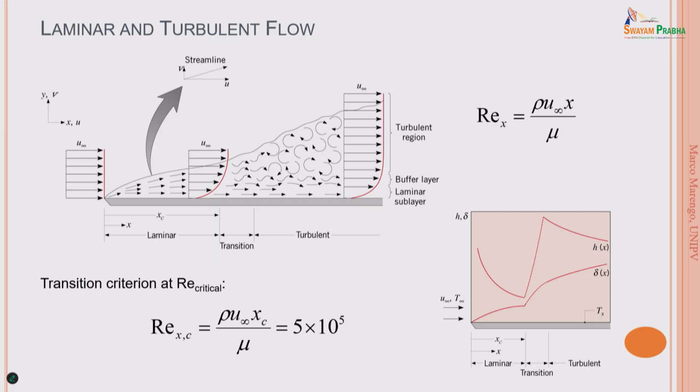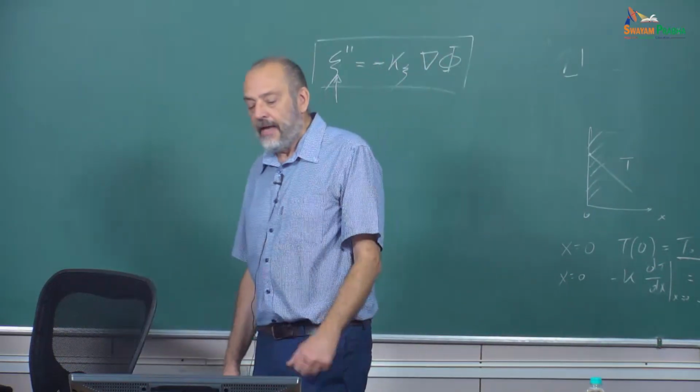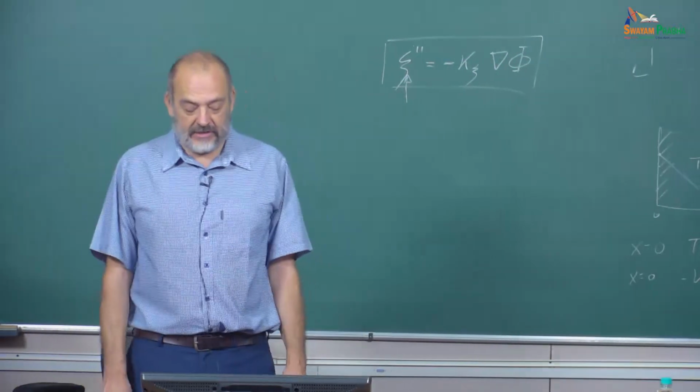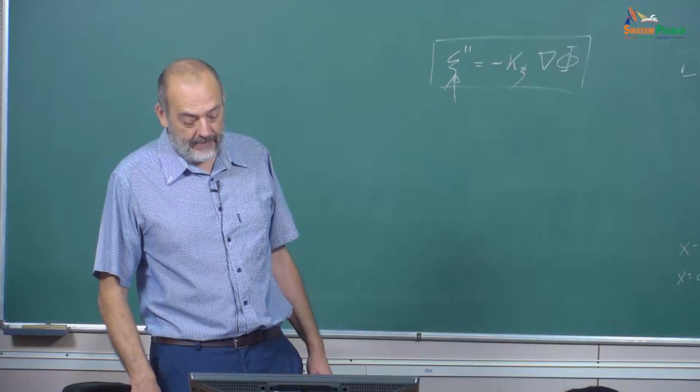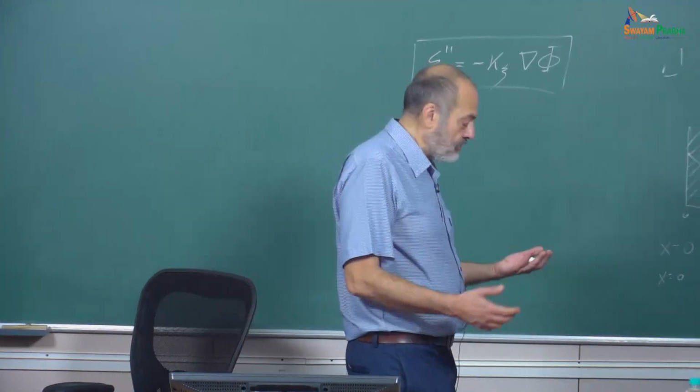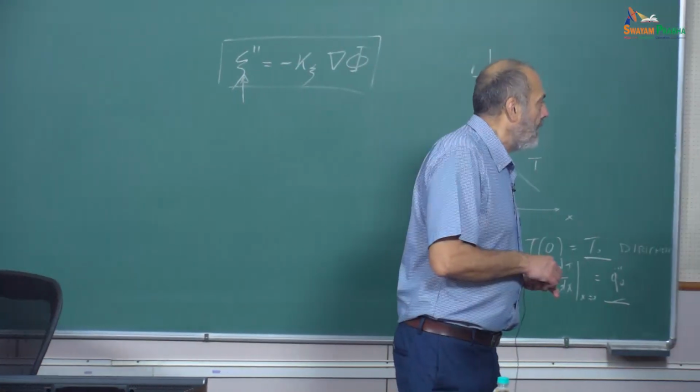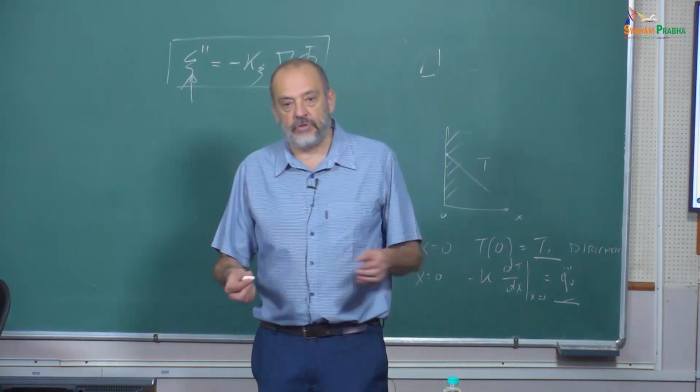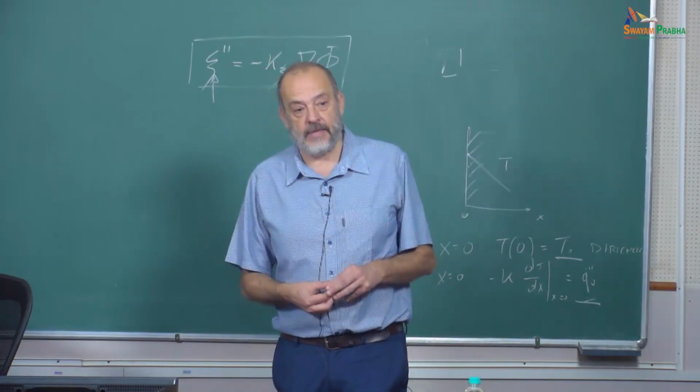And luckily, we have a very strong way to try to understand the effect of the laminar and turbulent flow using a dimensionless number, which is very famous, the Reynolds number. The Reynolds number is the ratio between the kinetic energy and the viscous work, okay?